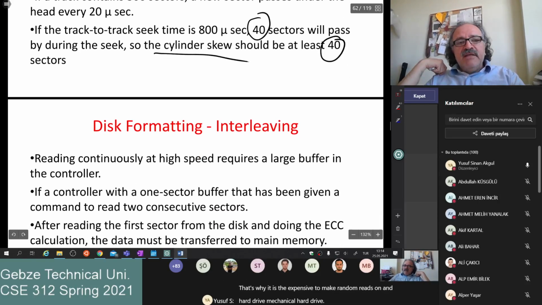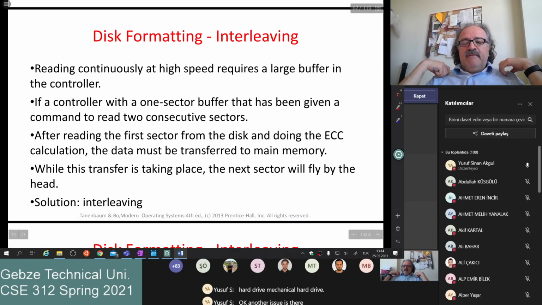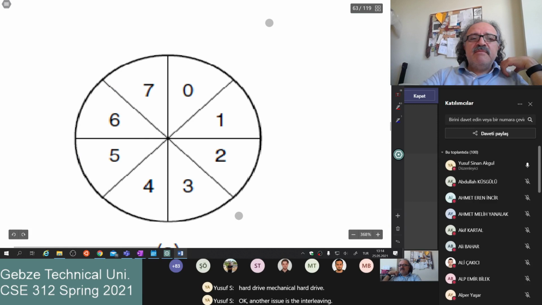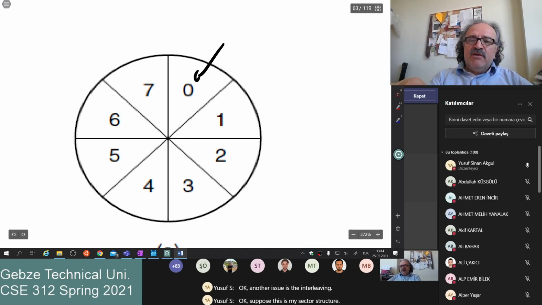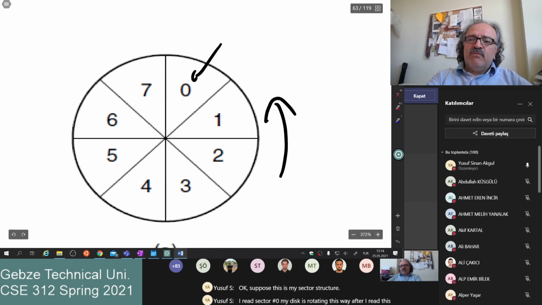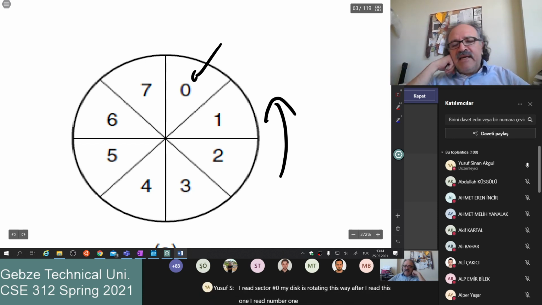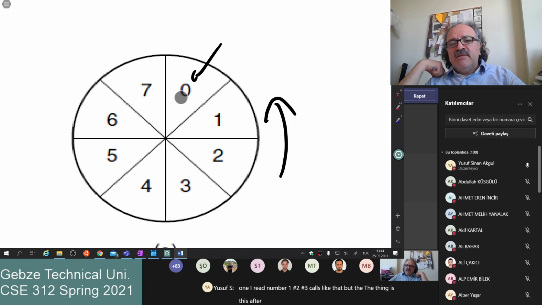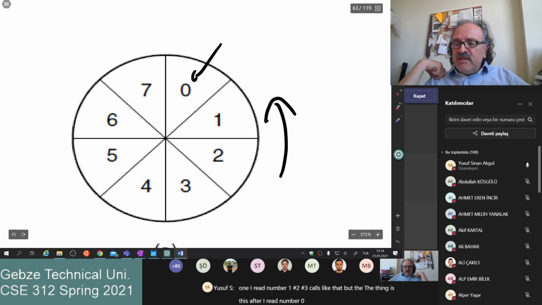Another issue is the interleaving. Suppose this is my sector structure. I read sector number 0. My disk is rotating this way. After I read this one, I read number 1, number 2, number 3. It goes like that. But the thing is this: after I read number 0, I have to make sure that what I read is correct.